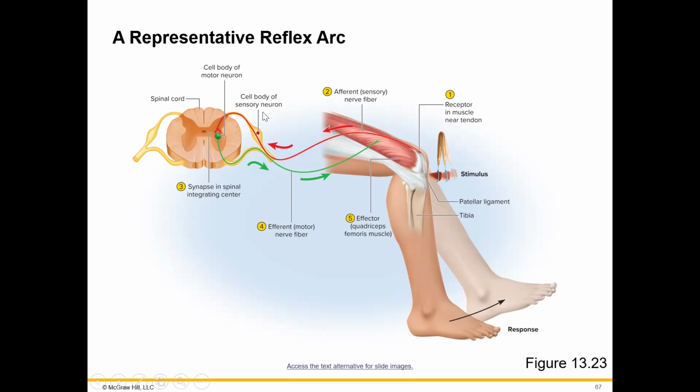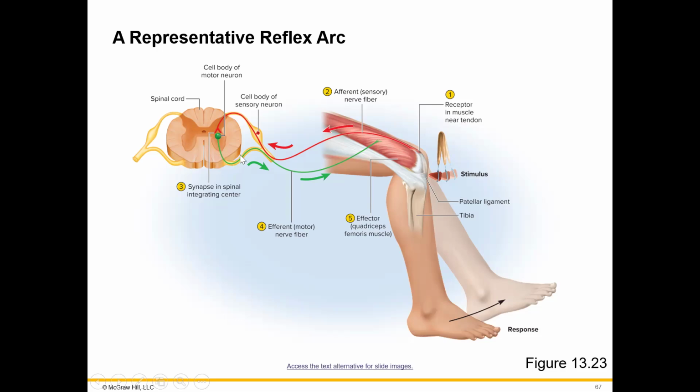The cell body of a sensory neuron is going to send to the cell body of the motor neuron, the one that's going to generate the output. Then there's going to be a synapse in the spinal integrating center between the sensory neuron and the motor neuron, from the posterior dorsal horn to the anterior ventral horn.